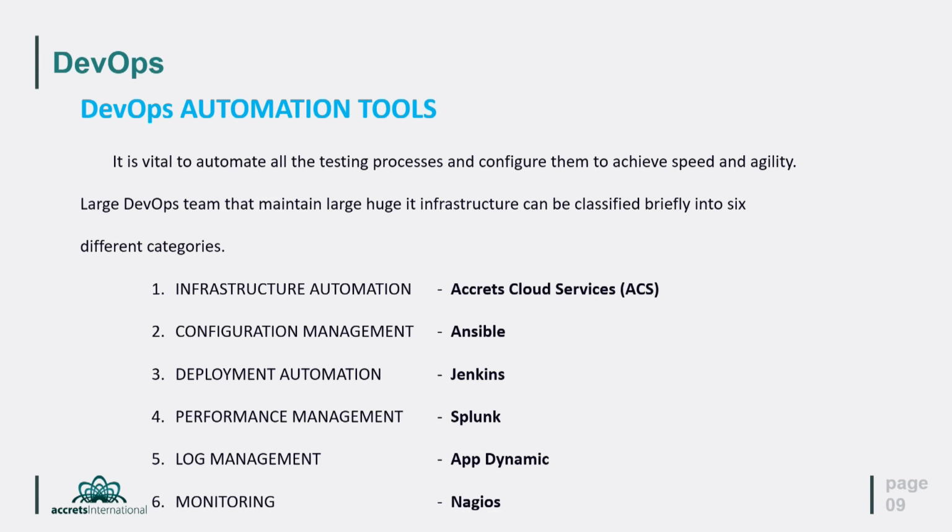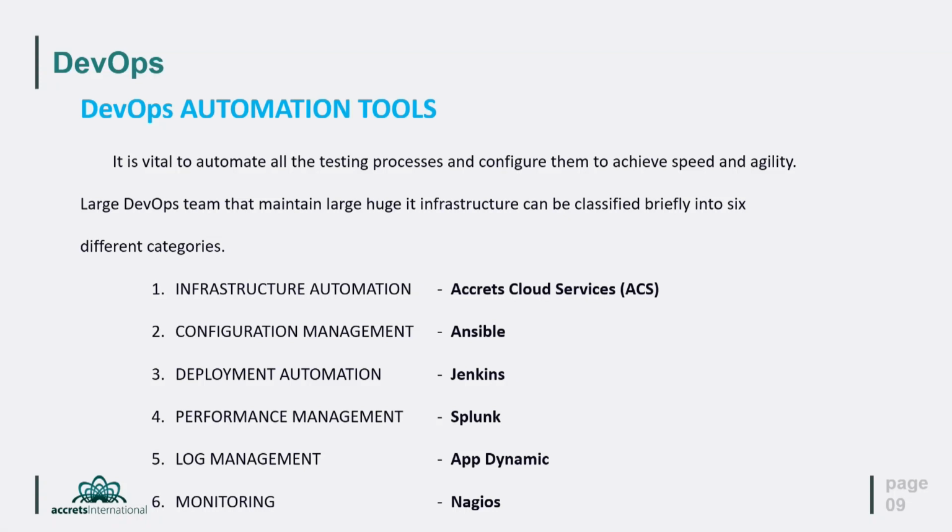Some of the tools being used in these categories are, in infrastructure automation, AWS cloud services. Being a cloud service, you don't need to be physically present in the data center. There are no upfront hardware costs. It configures more servers based on the traffic automatically.